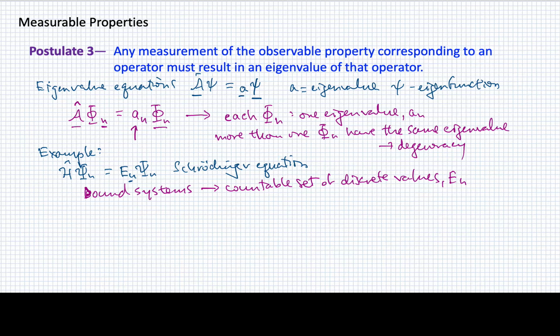But if I have an unbound system, in this particular case, I have a continuous set of energy values. Okay, I already mentioned that one of the examples of the bound case is the particle in a box.